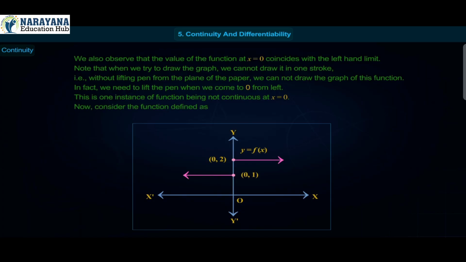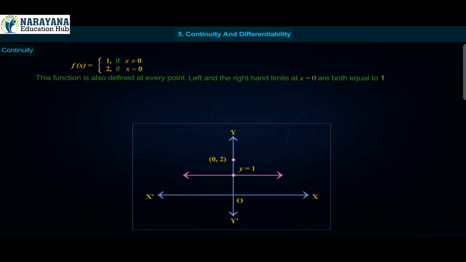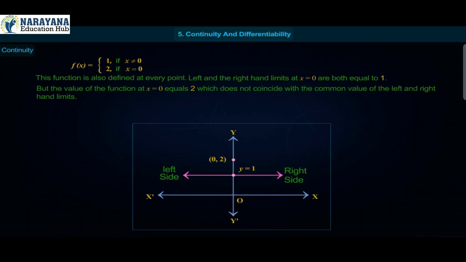Now, consider the function defined as f of x equal to 1 if x is not equal to 0, and 2 if x is equal to 0. This function is also defined at every point. The left and right hand limits at x equal to 0 are both equal to 1, but the value of the function at x equal to 0 equals 2, which does not coincide with the common value of the left and right hand limits.